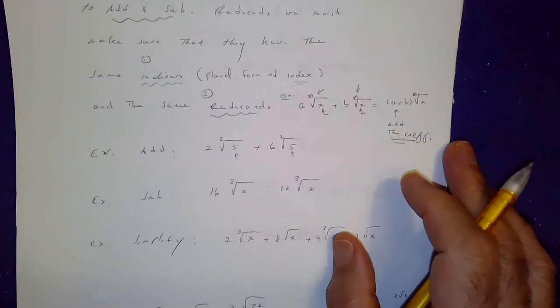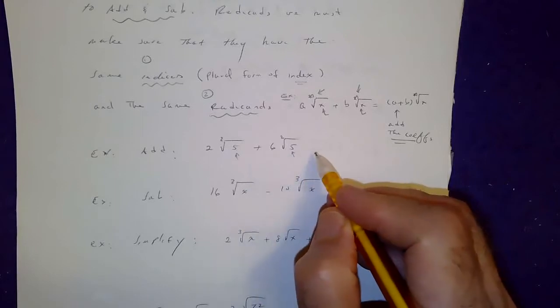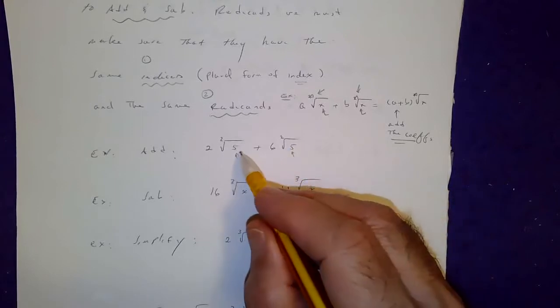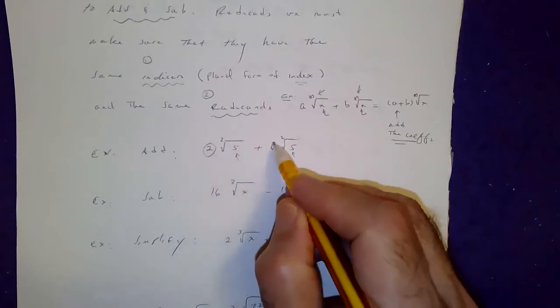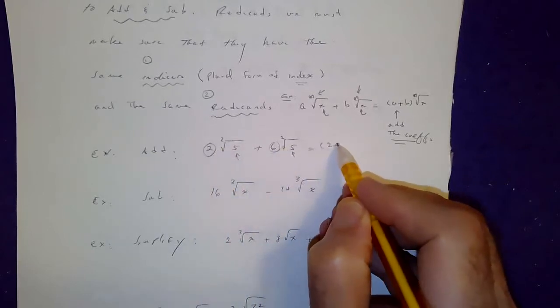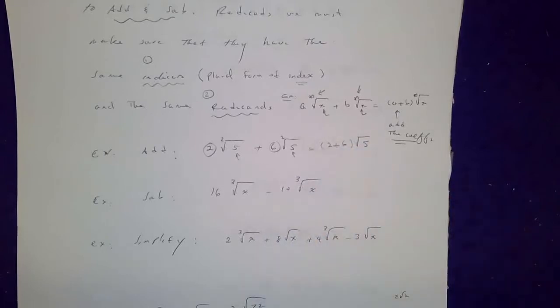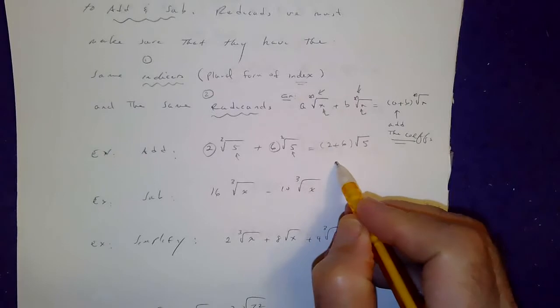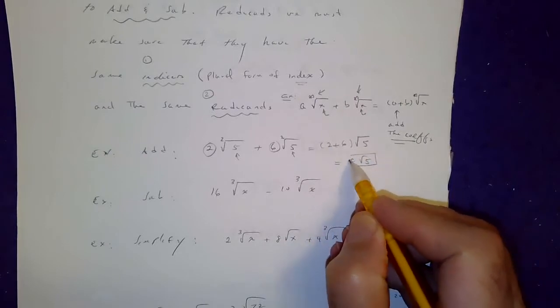They would be unlike terms. So how do you add these? Well, you don't add the radicals. You don't say this is square root of 10. You add the coefficients, 2 plus 6, and attach the common radical. Therefore, the final answer is 8 square root of 5.